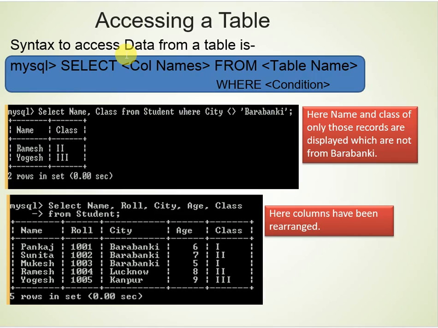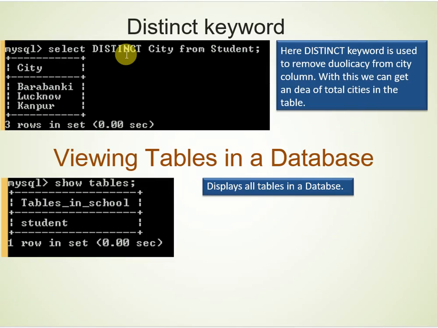Now we will move to the next thing: the distinct keyword. Here the distinct keyword is used to remove duplicacy from the city column. With this we can get an idea of the total cities in the table.